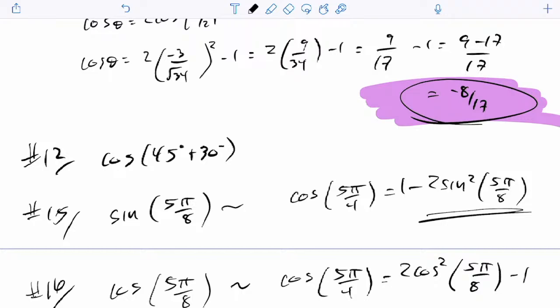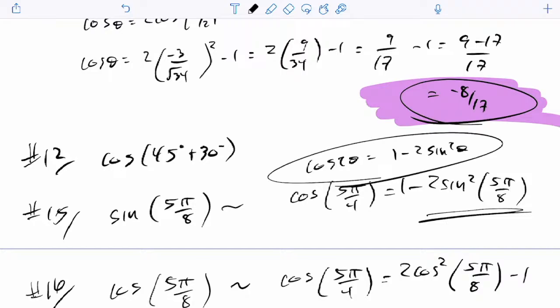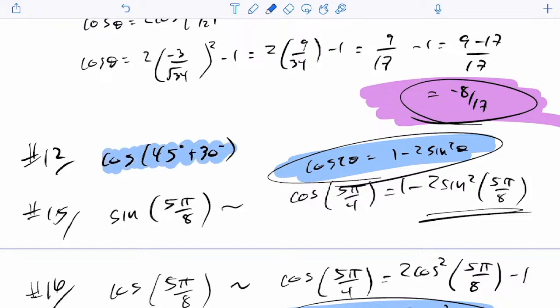Here I'm using the cos of 2 theta is 1 minus 2 sine squared theta formula, and here I'm using the cos of 2 theta is 2 cos squared theta minus 1 formula. So that's using both of those formulas, just applying them to the top expression and solving. So that's how you tackle 12, 15, and 16. 12 is pretty straightforward if you use this formula and your compound angle formula. I think that's it.